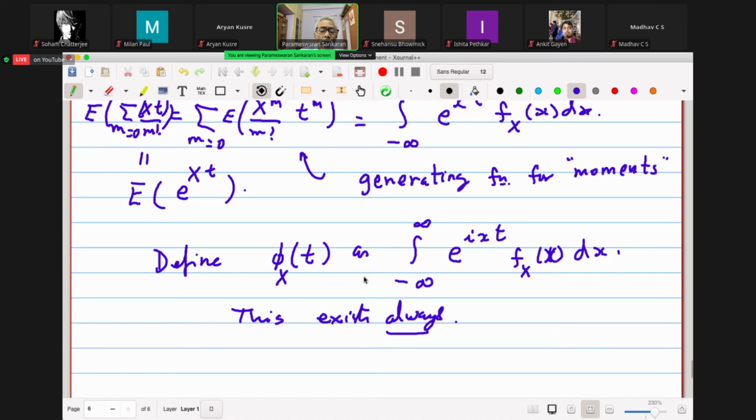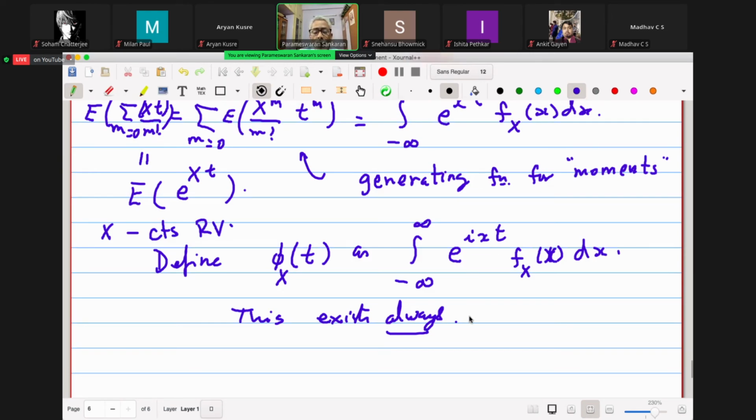So we are dealing with a continuous random variable, and this is its density function. Let me emphasize that X is a continuous random variable. If it is a discrete random variable, we have to do it separately in a different manner.